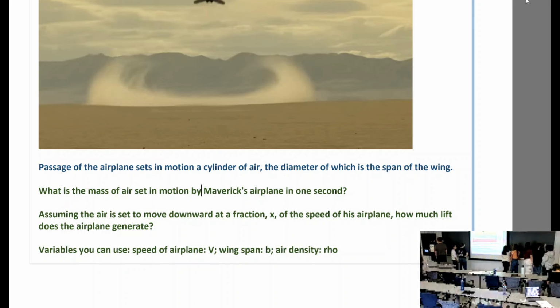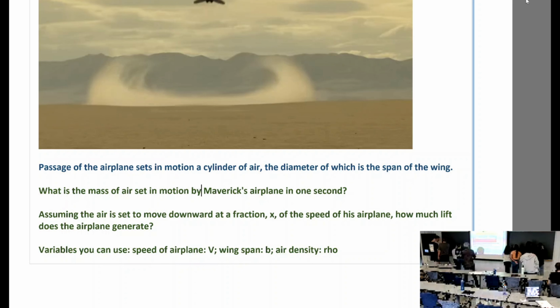So that's actually lift. If everybody has derived the momentum per second, that's actually the same as lift. Demonstrate that momentum per second equals lift.